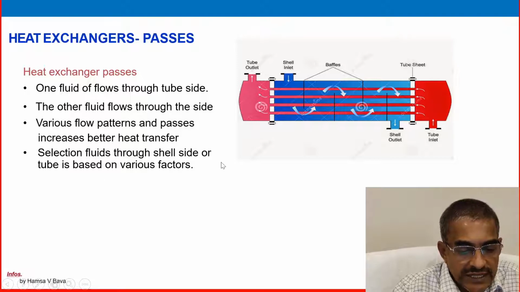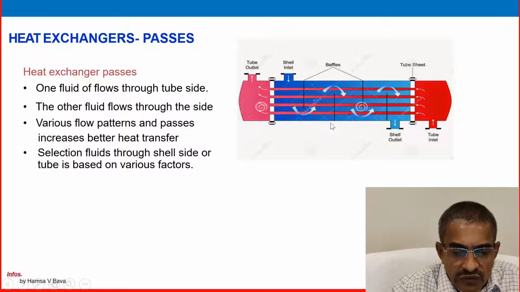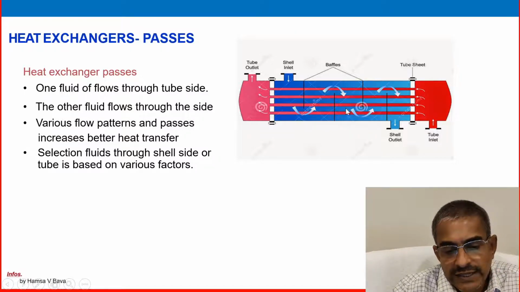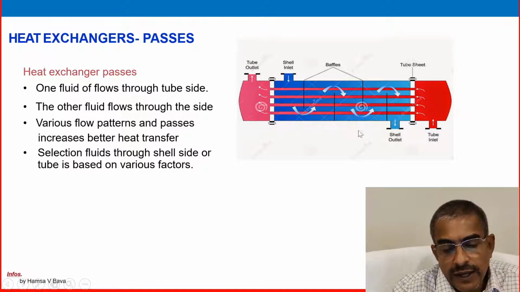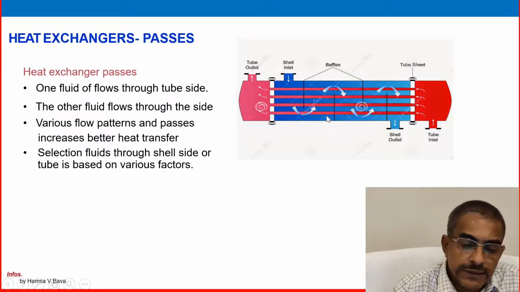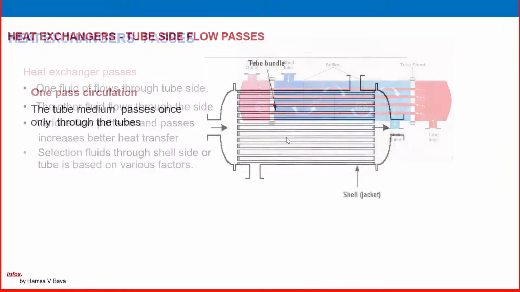Selection of which fluid goes through the shell side or tube side is based on various factors, which we will discuss in our advanced classes. So let us see how tube side flow takes place.